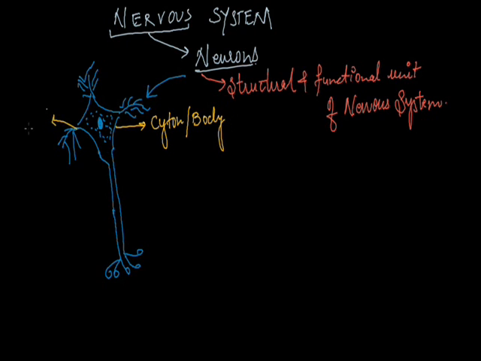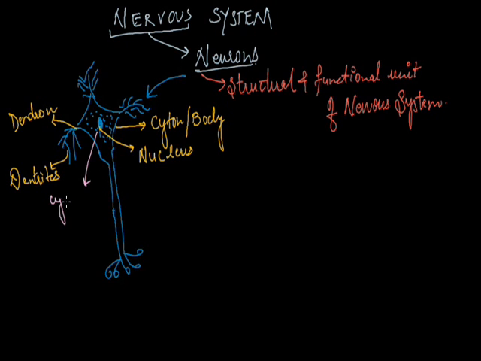The main branch which is coming from the cyton is dendron, and further branches of dendrons are dendrites. This is the nucleus.